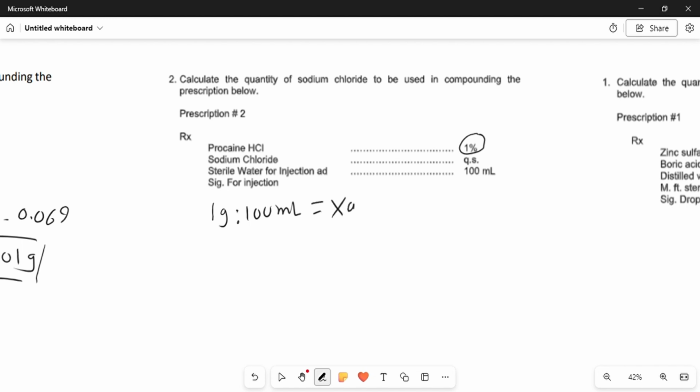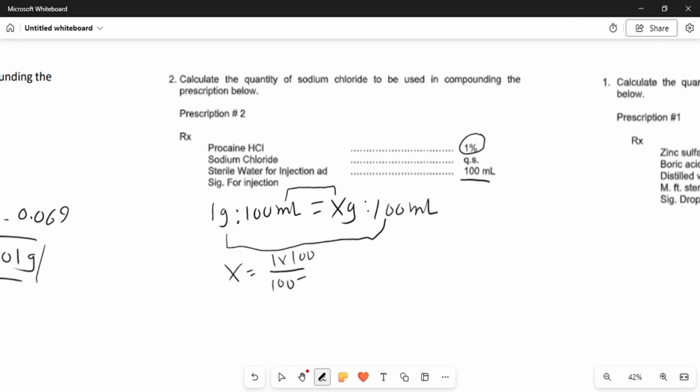So we'll put here x grams, and here we will put the volume which we have here. The volume here is 100 ml, and we will multiply the ones closest to each other and the farther to the farther, and we will be yielding this equation. So x will be equal to the 1 up here times this 100, divided by the 100 down here.